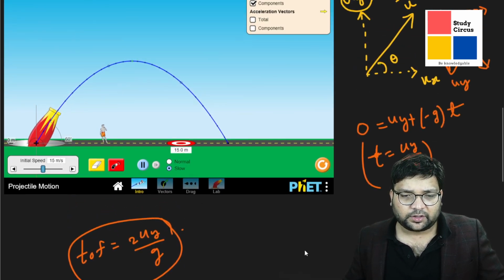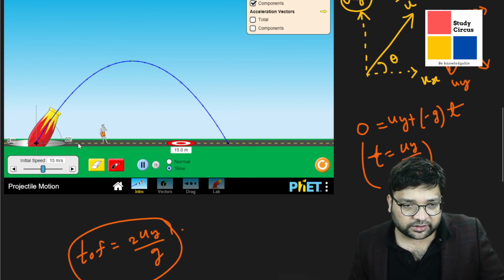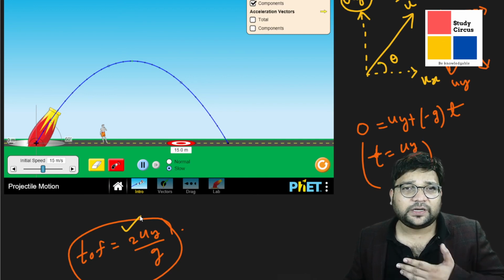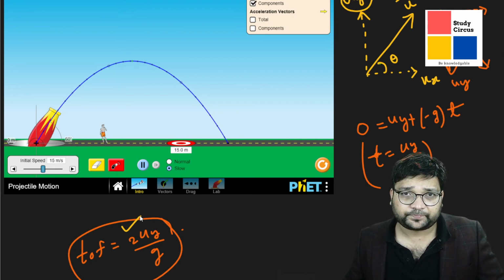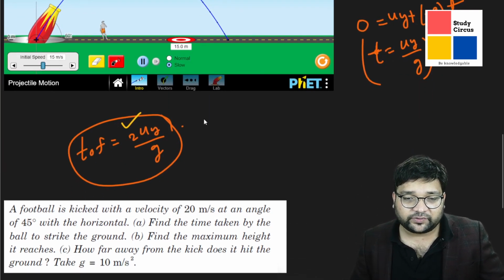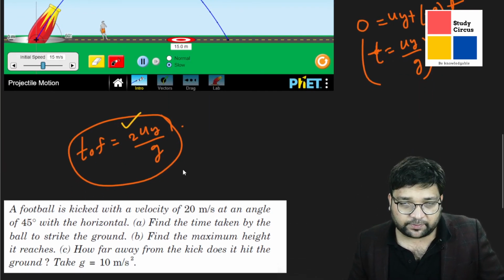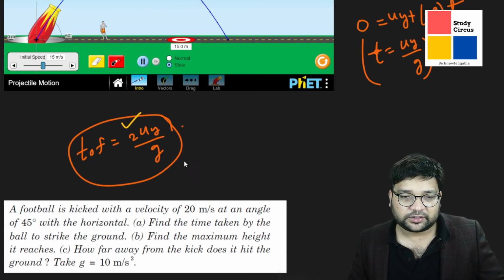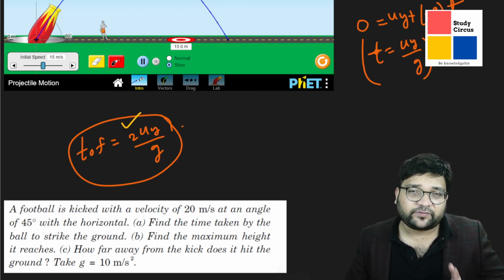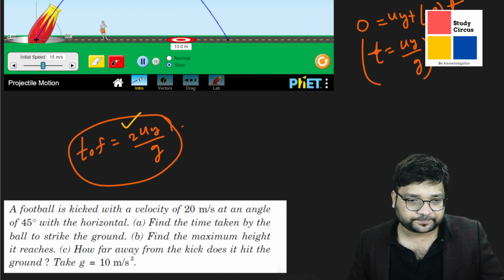Correct. So how much distance is covered in this much time in the horizontal direction? In the horizontal direction, the speed is not changing at all, right? So the distance simply will be the time of flight into the horizontal speed, correct?